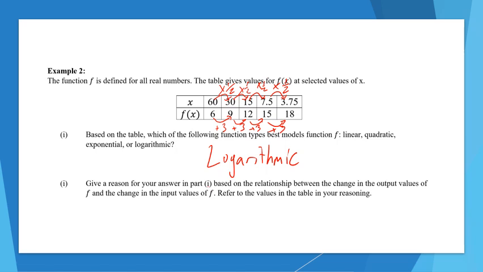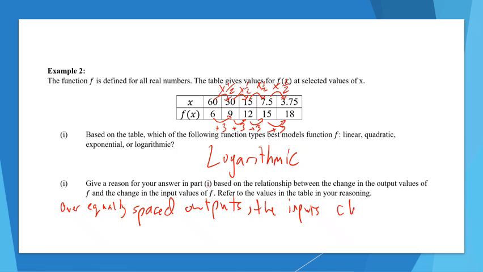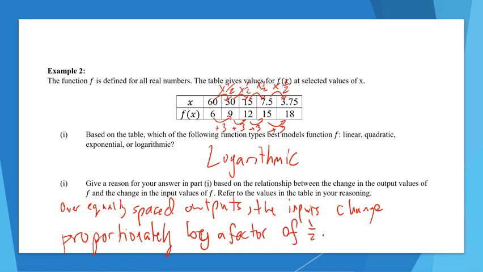And then what is our reasoning for this? I would say over equally spaced outputs, instead of inputs this time, the inputs change proportionately by a factor of 1/2.